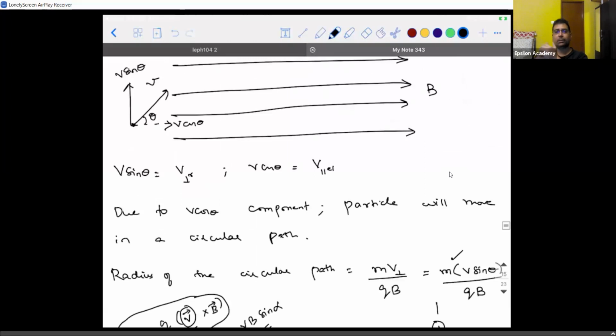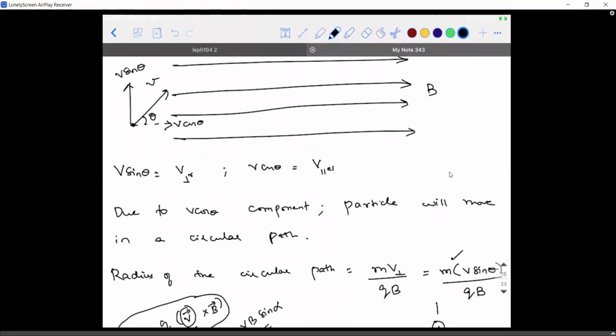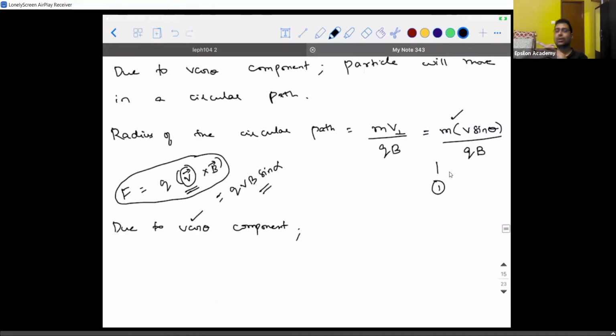Now look at the diagram. How are V cos theta and B related? Parallel, sir. Then if they're parallel, what will happen? What is the value of alpha?